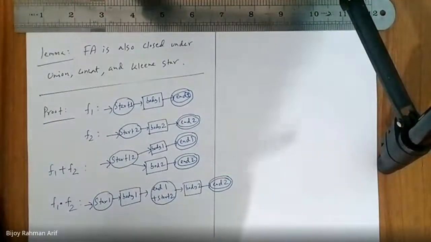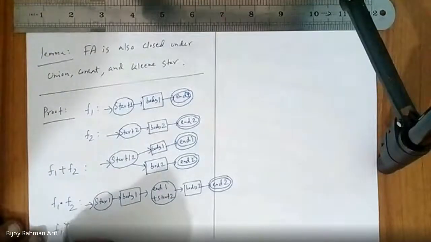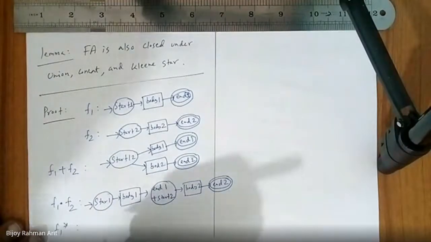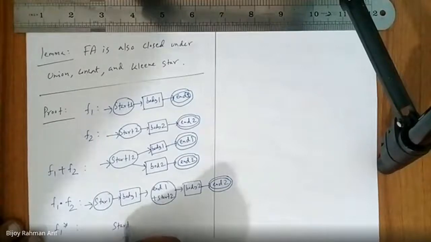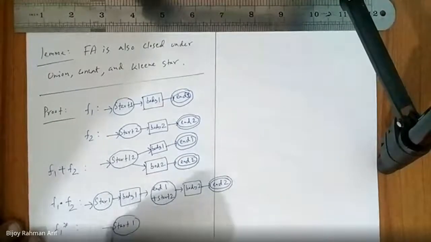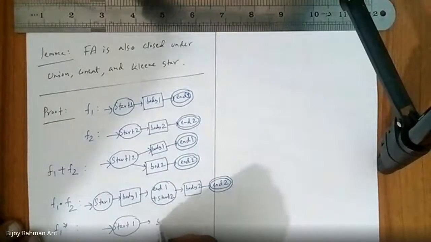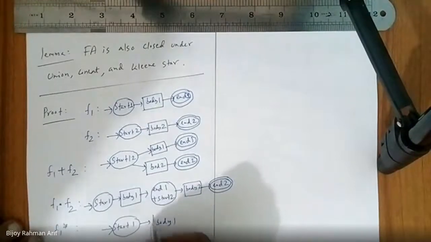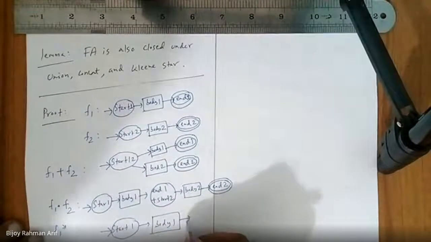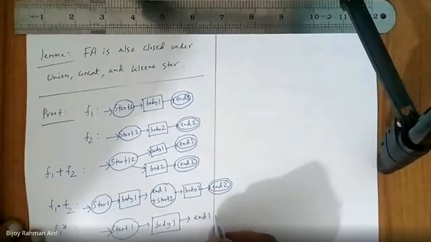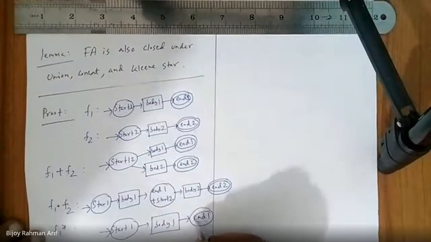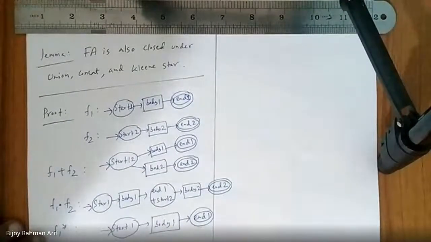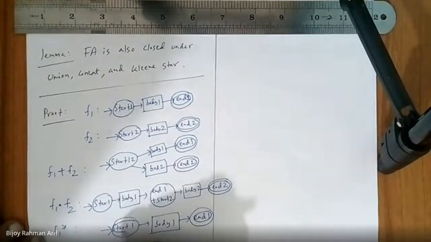Okay. Finally, let's say F1 star. How can we represent F1 star? Very simple. Start 1, body 1, then end 1. Then we also make start 1 a final state.